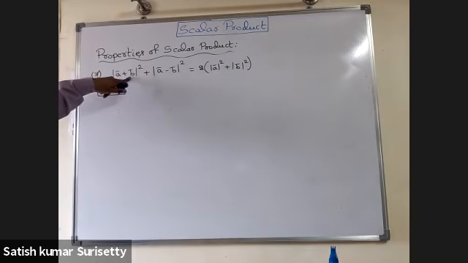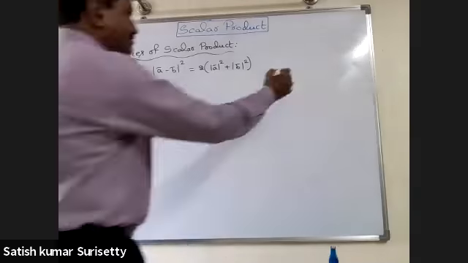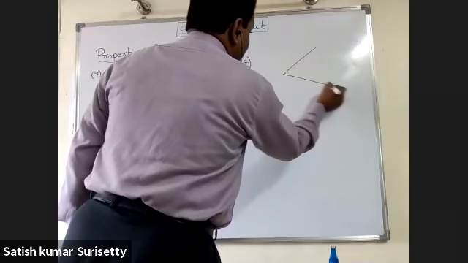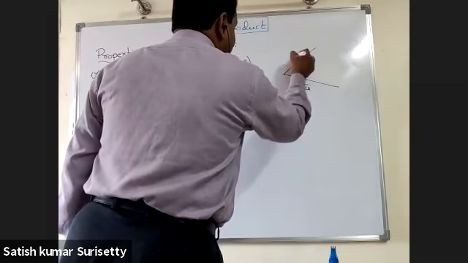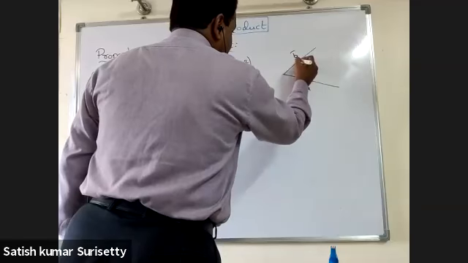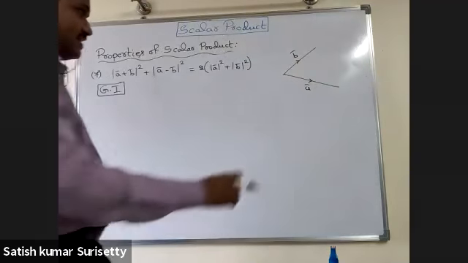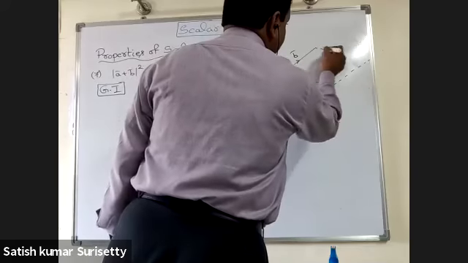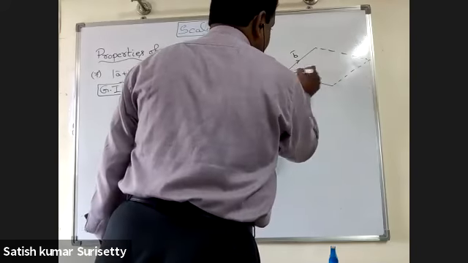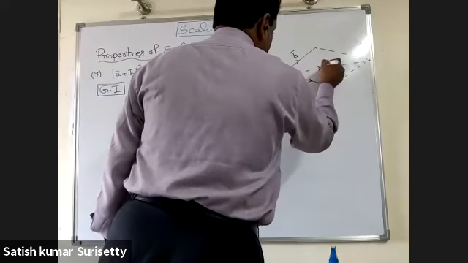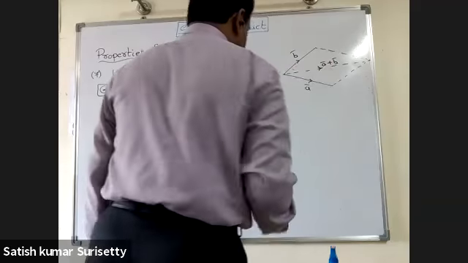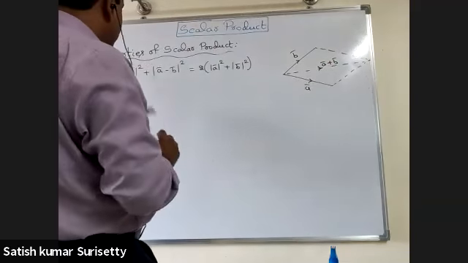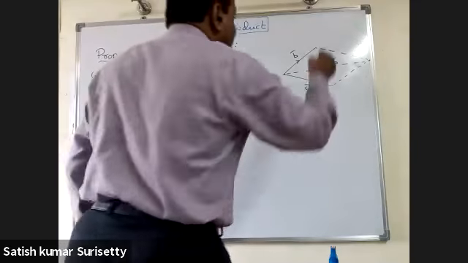A bar plus B bar, A bar minus B bar. What can I say? If A bar and B bar are the adjacent sides of a parallelogram, then A bar plus B bar and A bar minus B bar will become the diagonals.